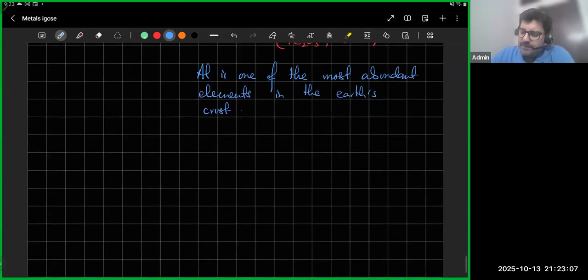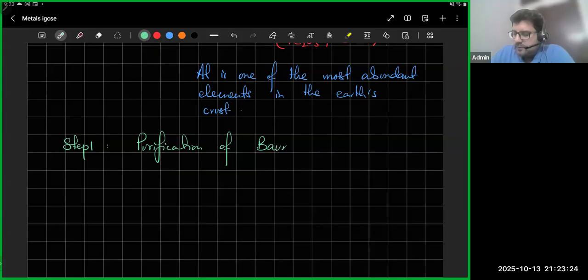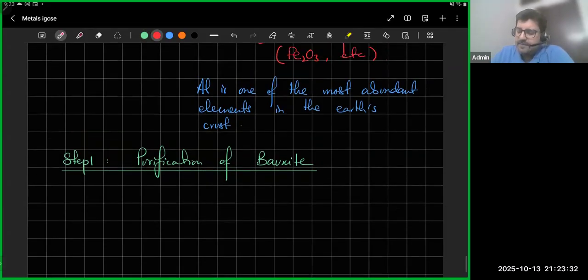Now, do you remember this is the same electrolysis but in detail? You have to do this in detail. Step number one is purification of this rock, purification of bauxite. So you have to extract alumina, aluminium oxide, out of bauxite.